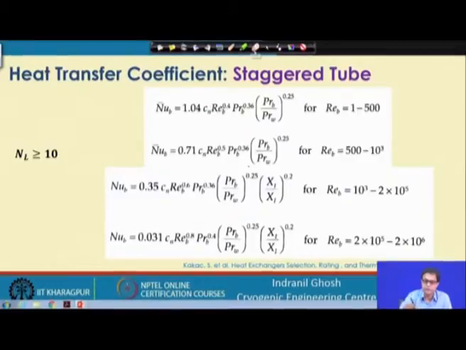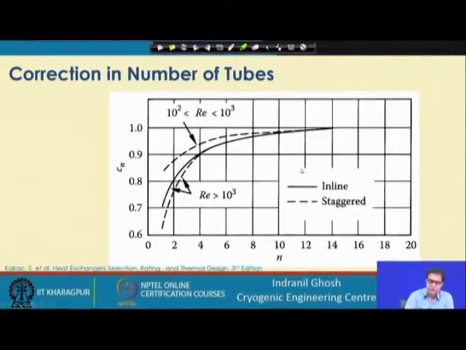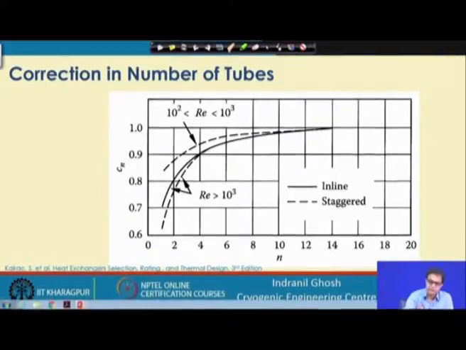We will now find that there is a graph where we can correlate this Cn. This is Cn as a function of number of tubes. So, we see that if the number of tubes is 1, then we have a certain kind of Cn value for different Re values also.